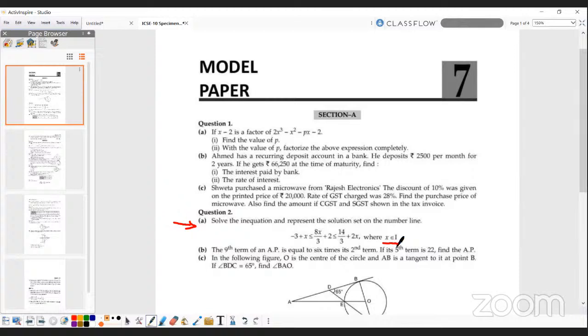Solve it and give your answers. In inequality, be very careful in dealing with the negative sign. I have already discussed that if you divide by a negative number on both sides, the inequality shall be reversed. So everyone try it and send your answers.